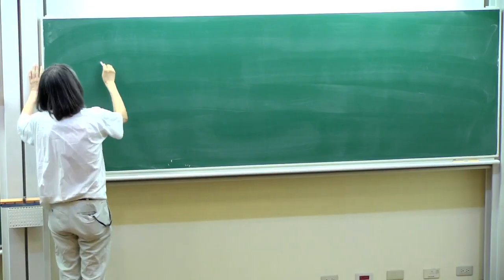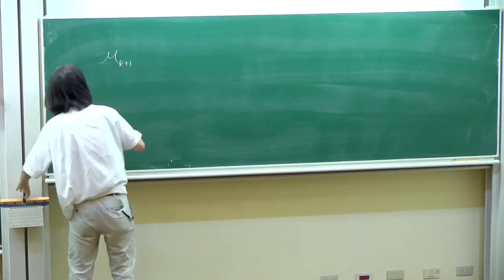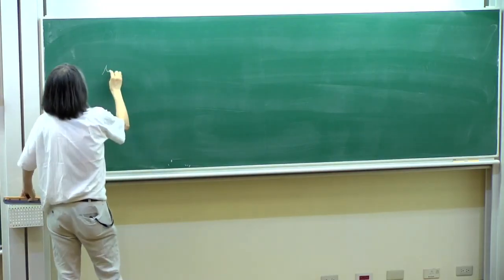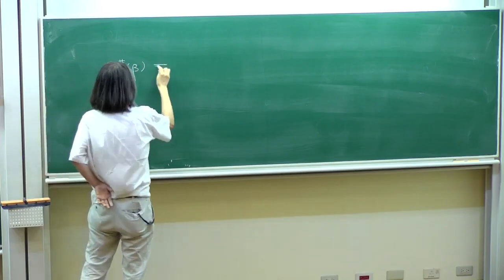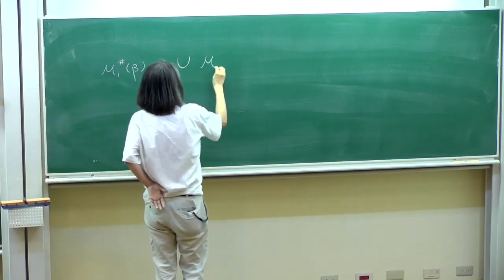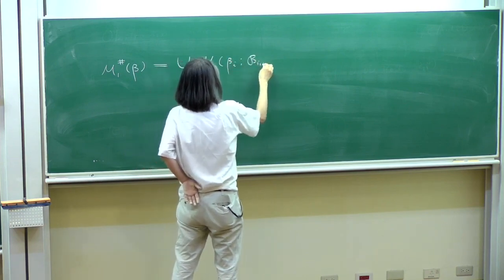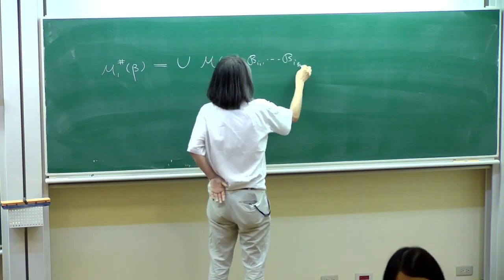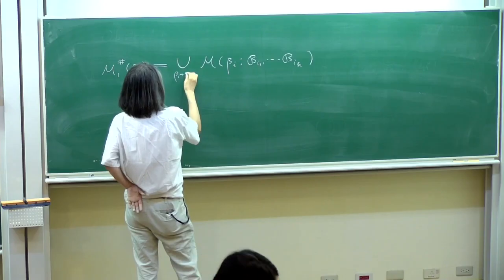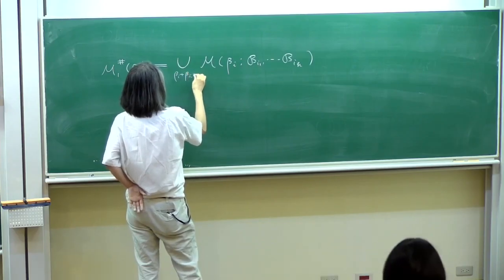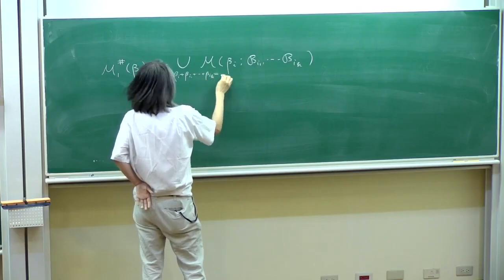So for this, when I consider this m1 sharp of beta, I wrote that this one is actually a union of something like beta_i and b_i1, ..., b_ik, where beta_i plus beta_i1 plus ... plus beta_ik is equal to this beta.